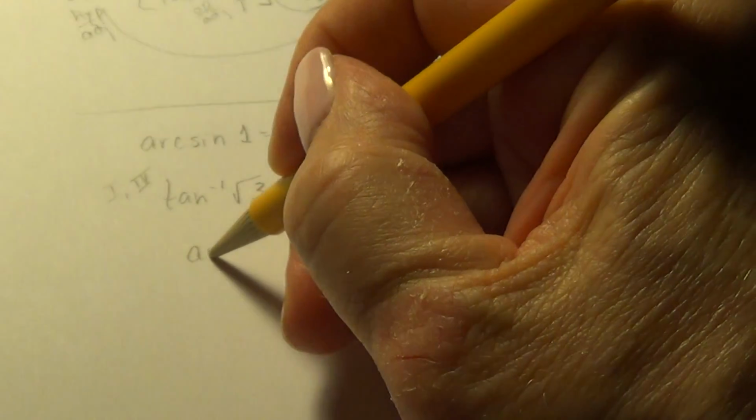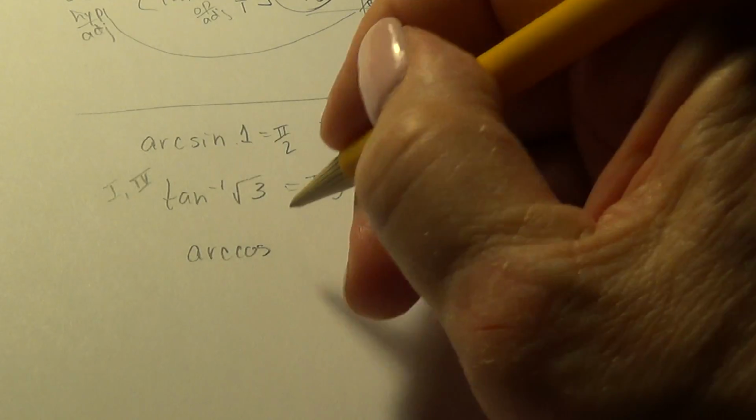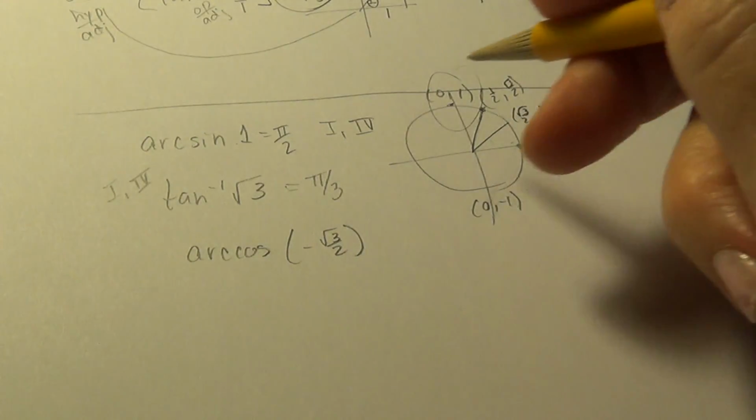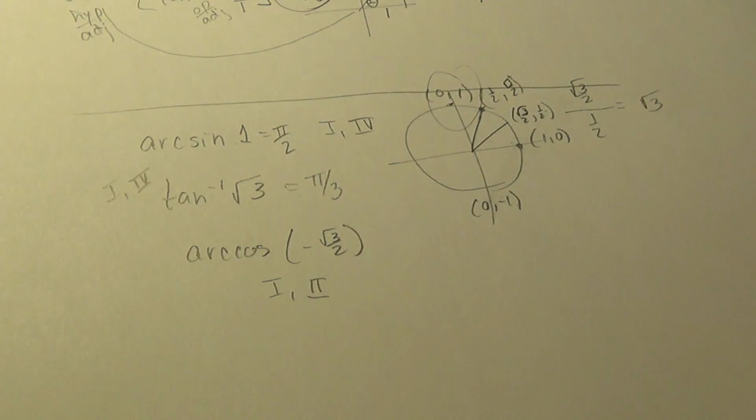Now, the arc cosine of minus square root of 3 over 2. Arc cosine, you can look in the first and the second quadrants.